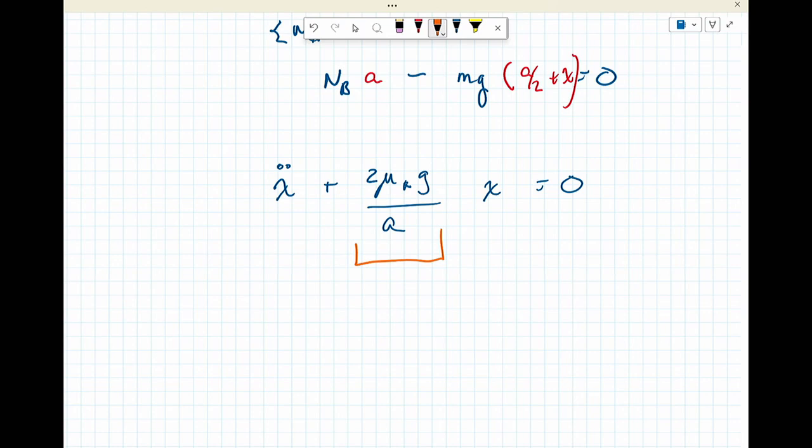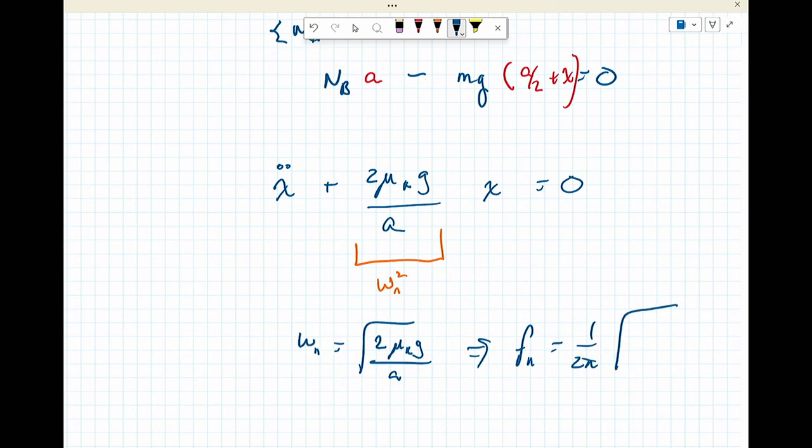The term in front of x is always omega n squared, even if it isn't k over m. So this is the k equivalent over m equivalent, square rooted, and that's what I'm going to be working with when I solve these problems. Omega n is equal to the square root of 2 mu k g over A, and for the frequency, it's 1 over 2 pi times the square root of 2 mu k g over A.